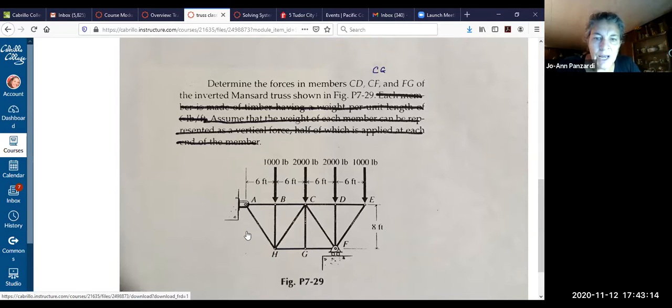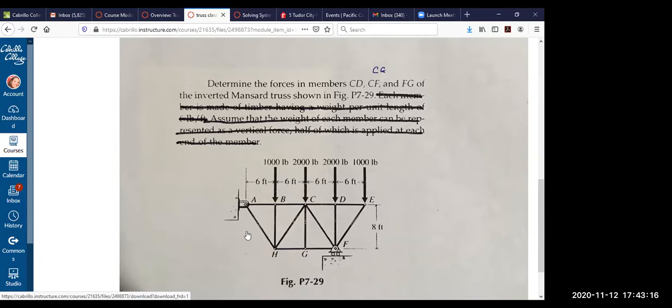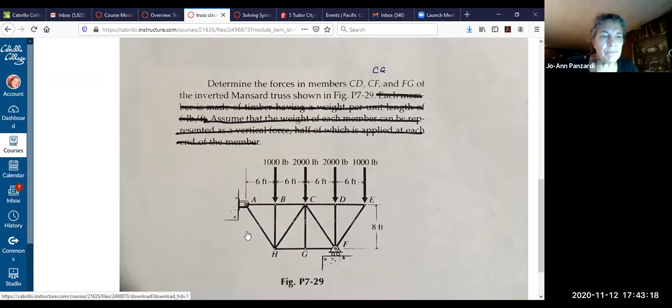So I don't know if you guys already calculated them, but sum of the forces in the X equals 0 leads to AX equals 0, as Laura said. Sum of the moments about A equals 0 led to FY being 5,000 pounds.